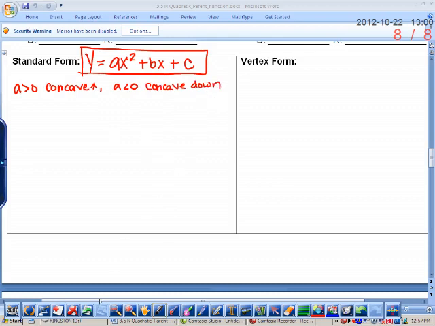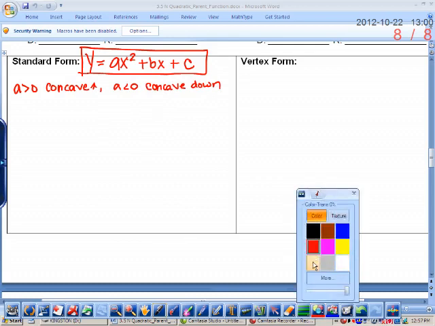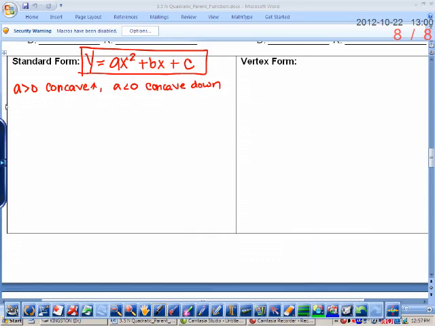The vertex from standard form can be a little complicated, but it's going to make a lot more sense once we try it. So if it doesn't make too much sense now, don't worry about it. But here's the rule. The x value of the vertex is negative b over 2a. So I calculate negative b over 2 times a.